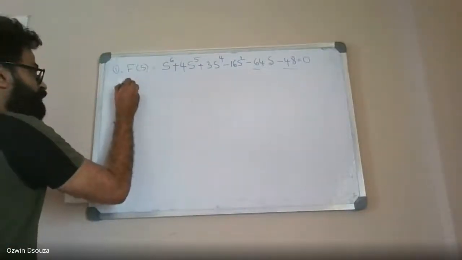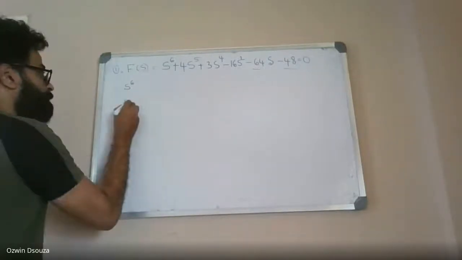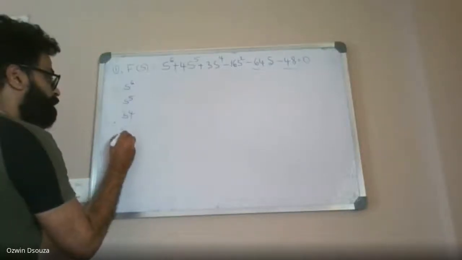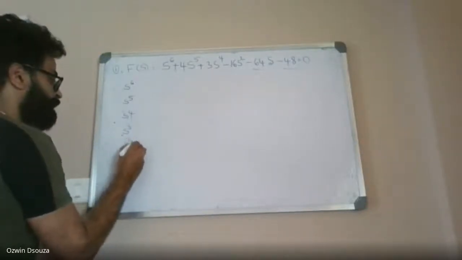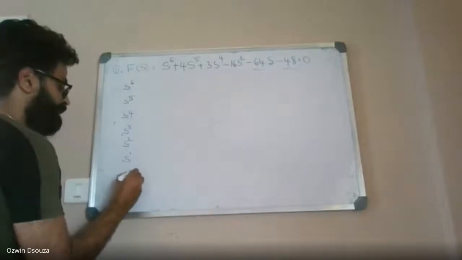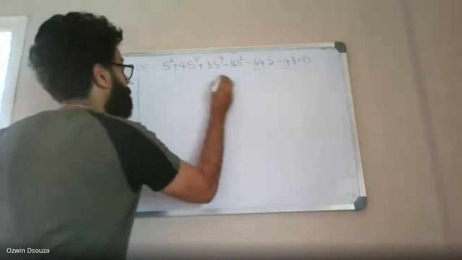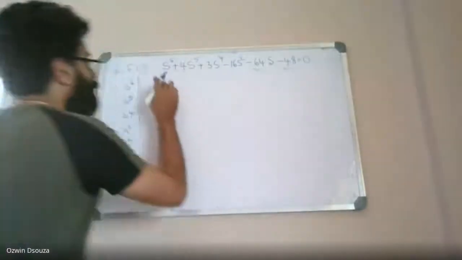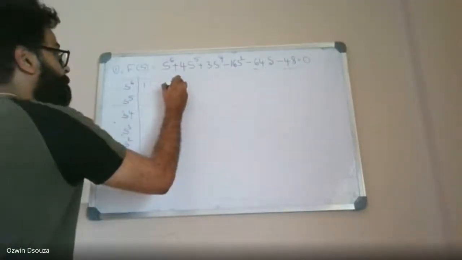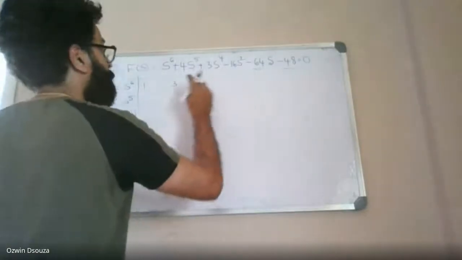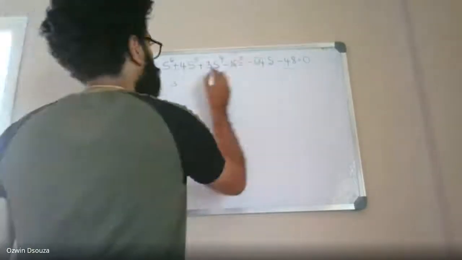Let's start from the highest power of s: s to the power 6, s to the power 5, 4, 3, 2, 1, 0. So 1, 3, 1, 3, minus 64.